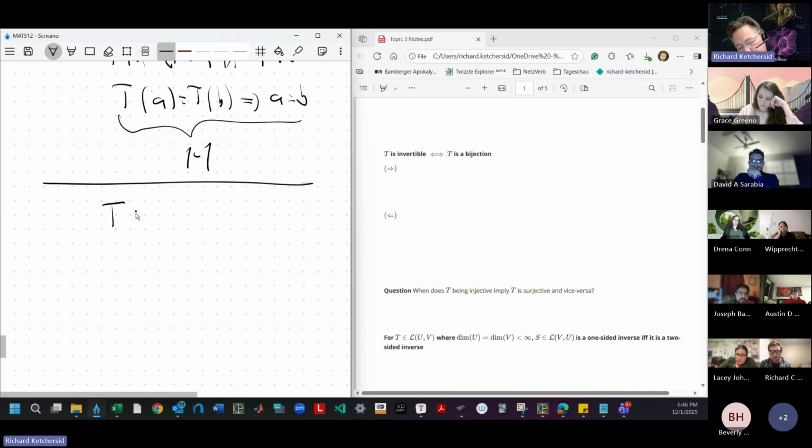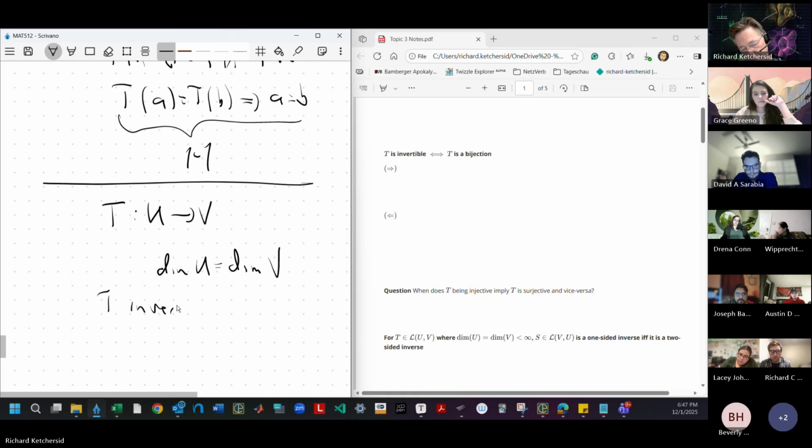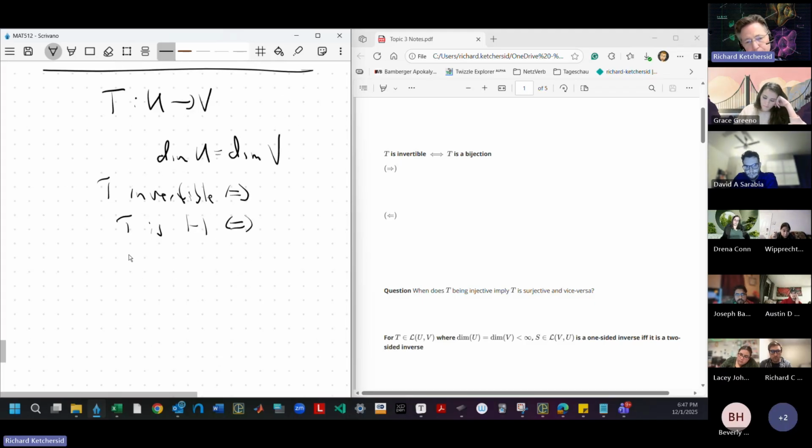Suppose T goes from U to V, and these have the same dimension. Okay, so we know that T is invertible if and only if T is one-to-one. But if I'm in a finite dimensional case and these have the same dimension, what can I add to this list?